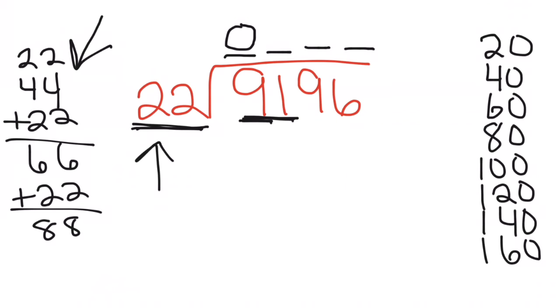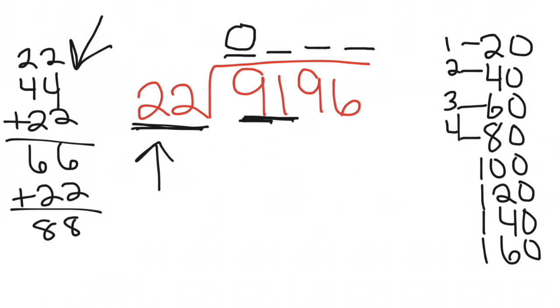So I see 20, 40, 60, 80. Now, 80 is 1, 2, 3, 4 multiples of 20. So I don't know what 4 multiples of 22 is, but I'm pretty sure, because 80 is close, that it's going to be right around 80.